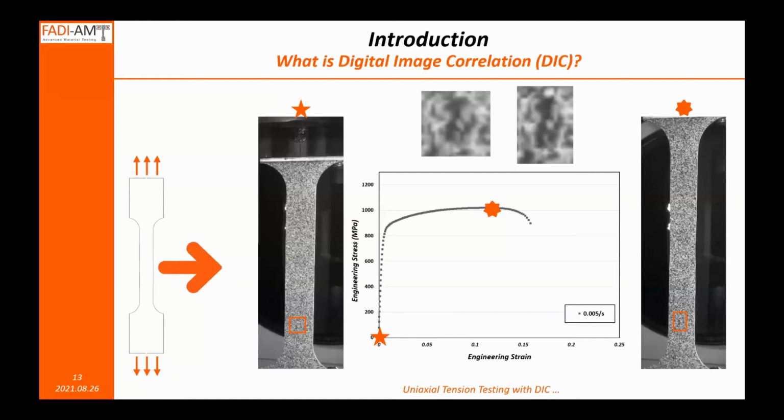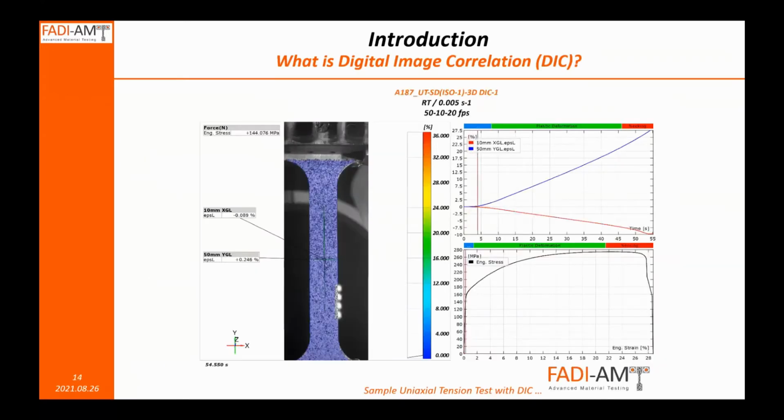And as you can see, a square subset or a facet becomes, in this case, for example, rectangular, and that basically gives us a sense of how we get the positive longitudinal strains and the negative transverse strains in a test like a tension test. And then ultimately, as I mentioned earlier, we take this for all the points in the material deformation domain, and we get these nice strain maps.